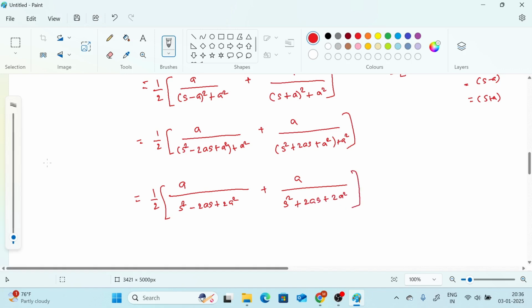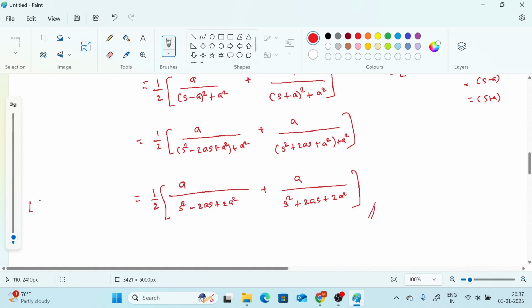What we can do now, if you want to further simplify it, you can simplify it by cross multiplying, or if you want to put it as it is, then you can put it as it is, no issue, right? So till this point you are correct, or you can close this as an answer.